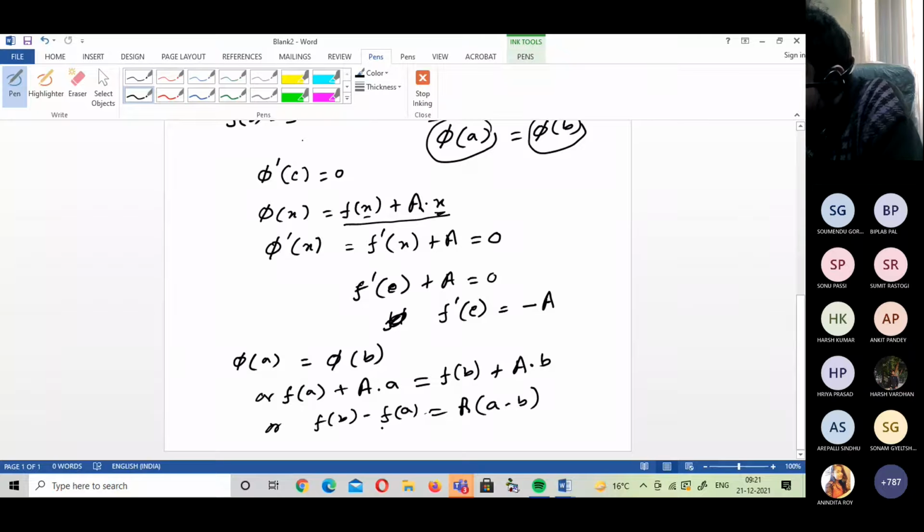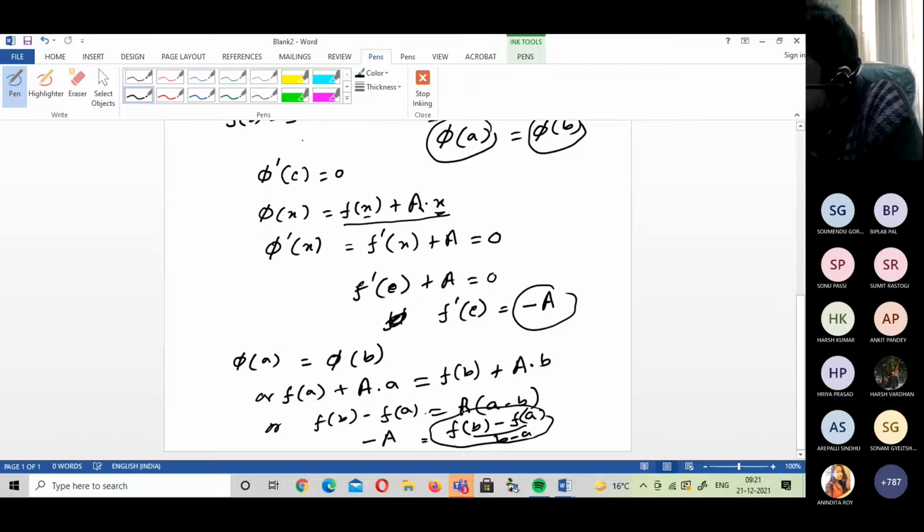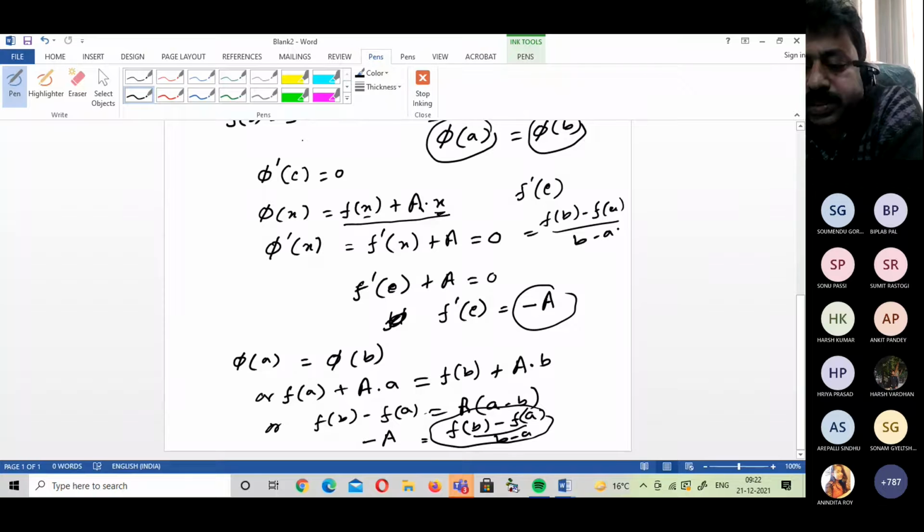Now you can easily write that minus A equals (f(b) minus f(a)) by (b minus a). Here f dash c equals minus A, so f dash c equals (f(b) minus f(a)) by (b minus a). This is the proof of Lagrange's mean value theorem.